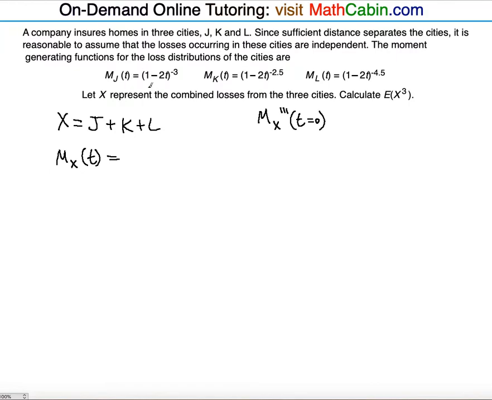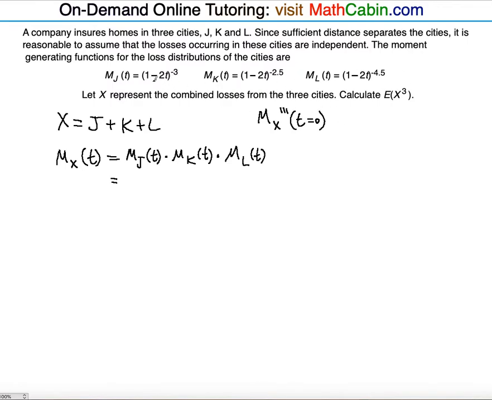So losses occurring in city J are independent of the losses occurring in city K and independent of the losses occurring in city L. So for this reason, we can multiply these moment generating functions together: the moment generating function of J times that of K times that of L.